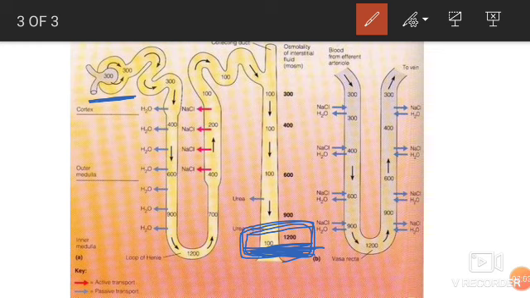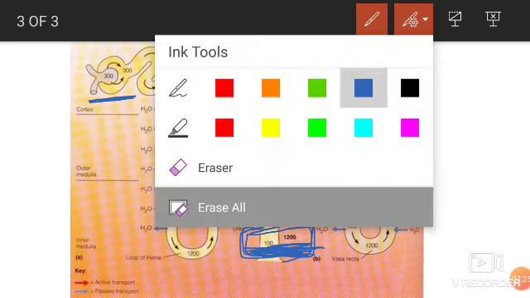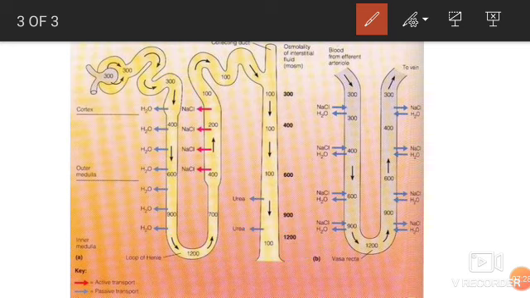Osmolality can only change if there is a disbalance between reabsorption of sodium and water. In the PCT, the amount of sodium and water reabsorbed are almost the same. So the osmolality of the urine which comes out of the PCT is 300. That is, it is the same as the osmolality of the blood, or the glomerulus, or the Bowman's capsule.